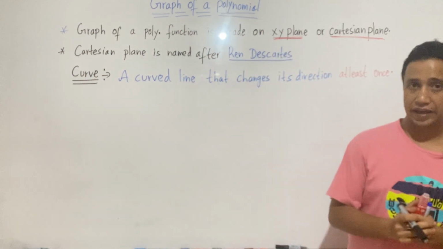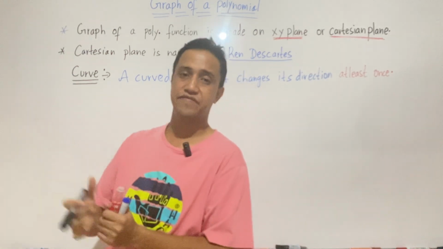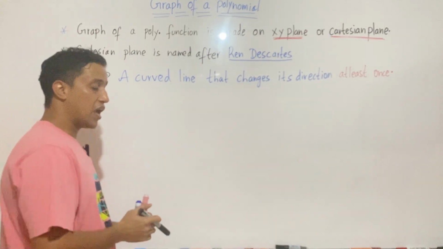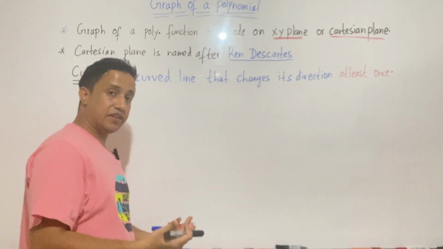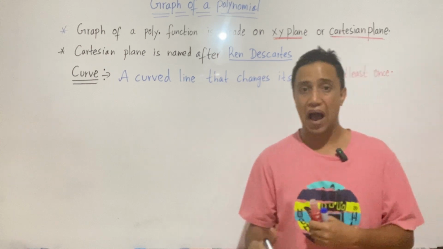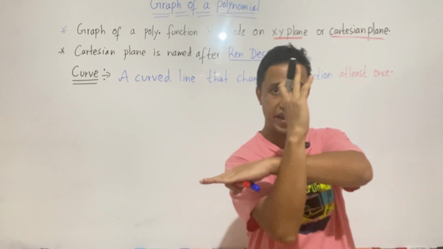If I have to define it, a Cartesian plane is formed by a two perpendicular number line system.